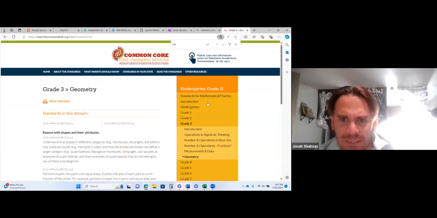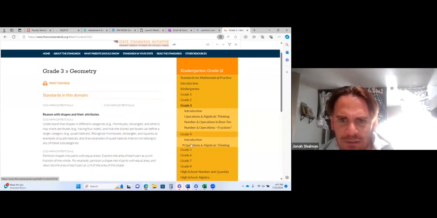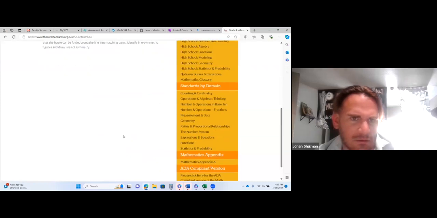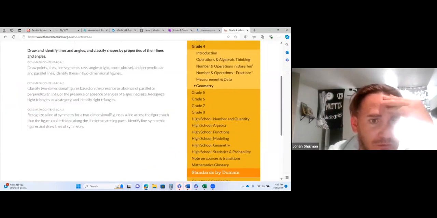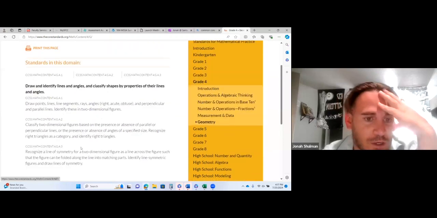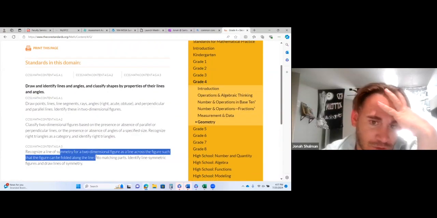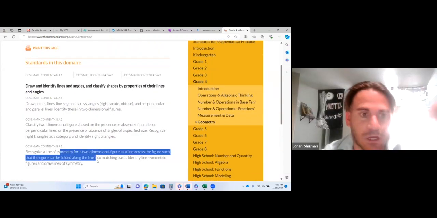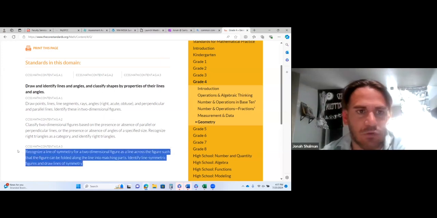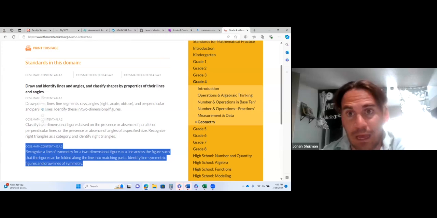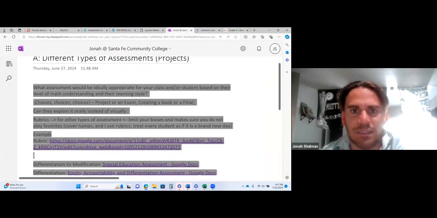So you just got to look up the standard, whatever one you decide to pick. Oh, here it is. So it is grade 4. Recognize the line of symmetry for a 2-dimensional figure. Ta-da! So there's your standard. So if we wanted that specific question with the lines of symmetry, we know that this is going to be 4th grade math. So that would be our standard.